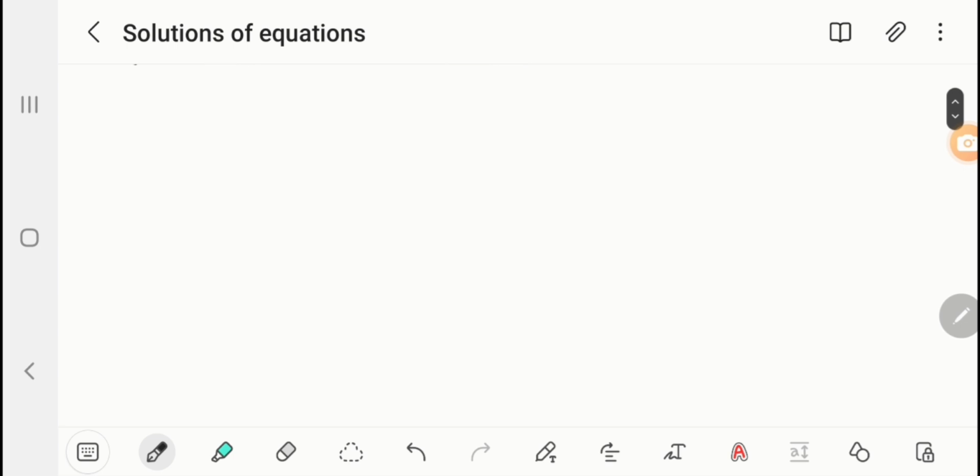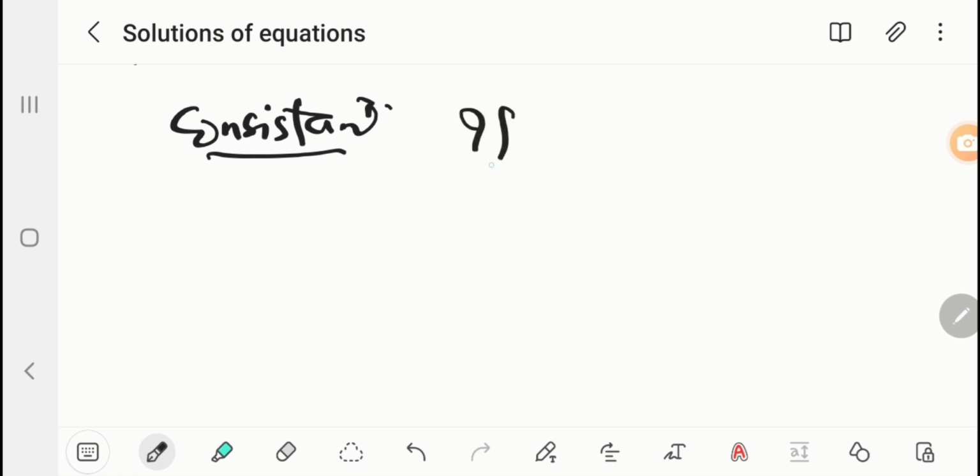Whenever we solve two equations, either there will be a solution or we have no solution. If there is a solution of the two equations, then the equations will be called consistent.